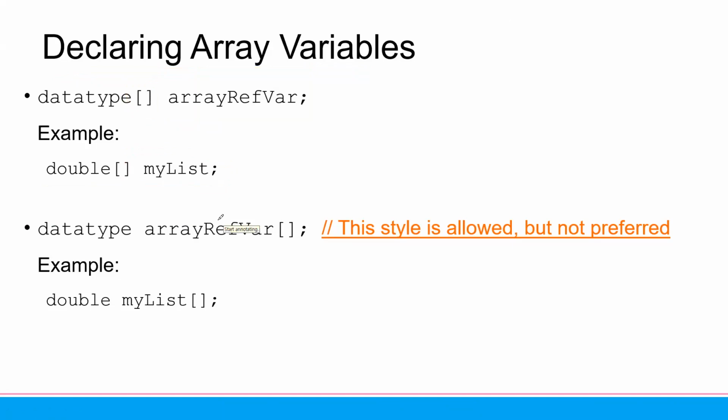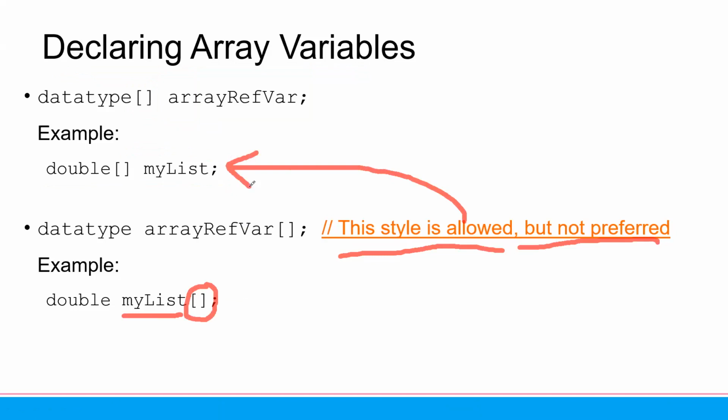In some literatures, they put this square bracket after the variable name. This style is allowed, but not preferred. It means just try to use this style.